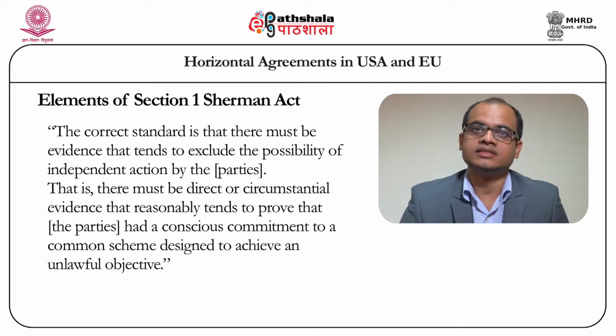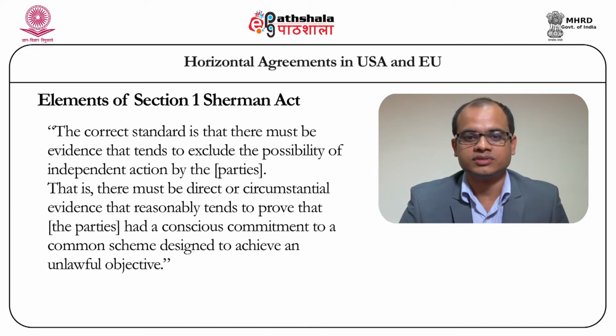This standard emerged way back in 1984 in the Supreme Court of the United States case Monsanto Company versus Spray-Rite. It laid down that direct or circumstantial evidence must reasonably tend to prove that the parties had a conscious commitment to a common scheme designed to achieve an unlawful objective. So this is the standard.